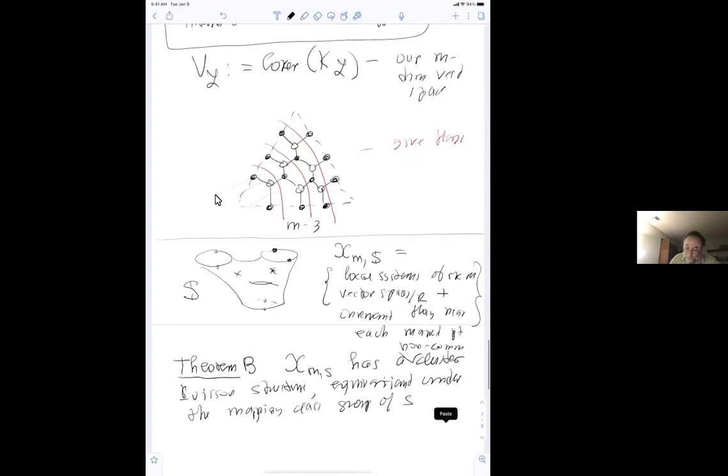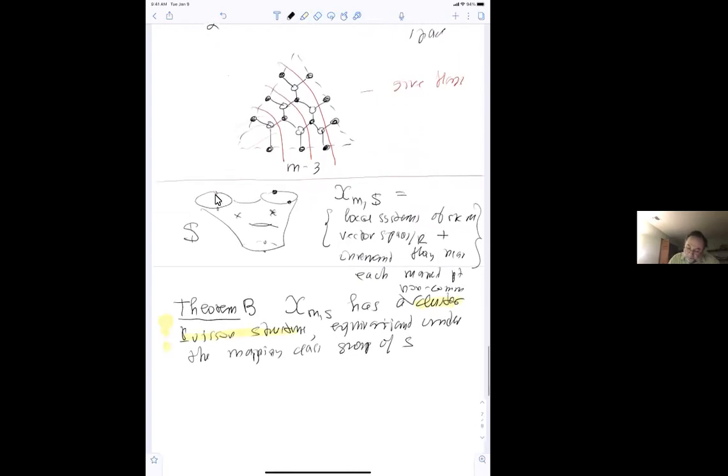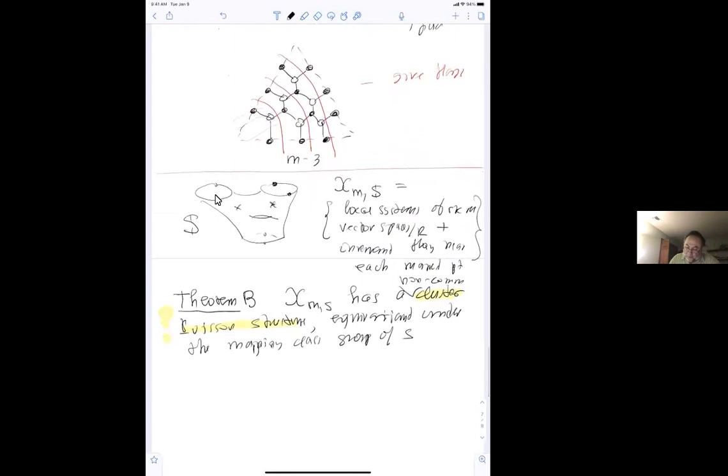Now, I need to explain what all this means, because what is a cluster Poisson structure? At this point, it's unclear. And the second statement is the equivariance.